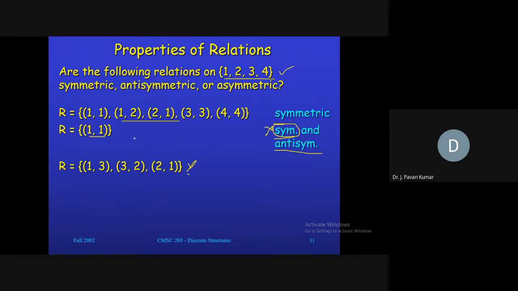If a symmetric pair is there, then we should consider whether A is equal to B or not. But we don't have a symmetric pair in this. Next, can we consider it as asymmetric? Yes, of course. So it is anti-symmetric as well as asymmetric. Clear? Any doubt?